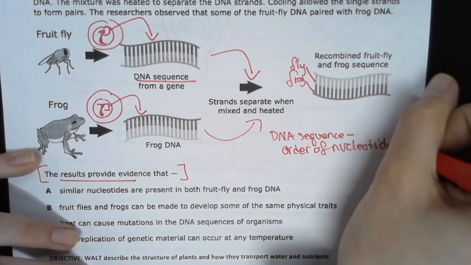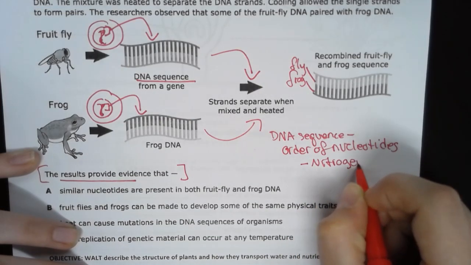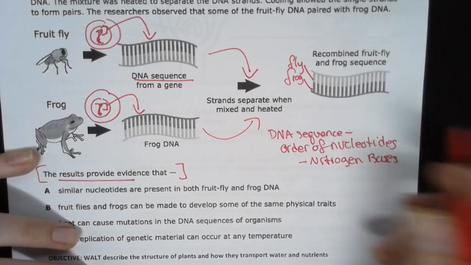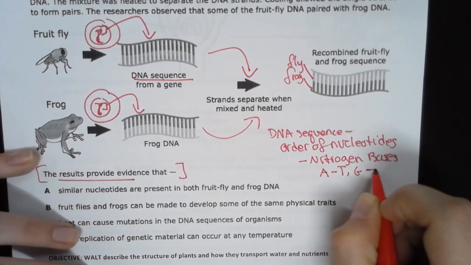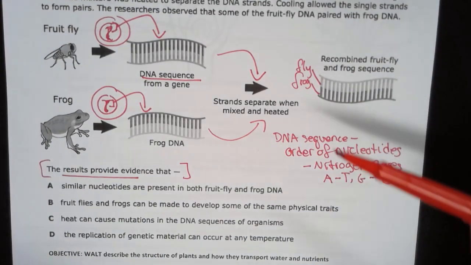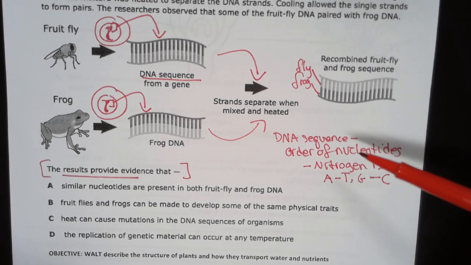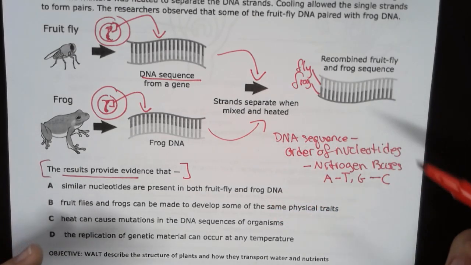Nucleotides, I know part of it is made up of nitrogen bases. And nitrogen bases, I know that there are 4 of them. Adenine pairs with thymine and guanine pairs with cytosine. If you have DNA, that means you have nucleotides, which means that you have these 4 nitrogen bases, which always pair with each other no matter what kind of organism you are.